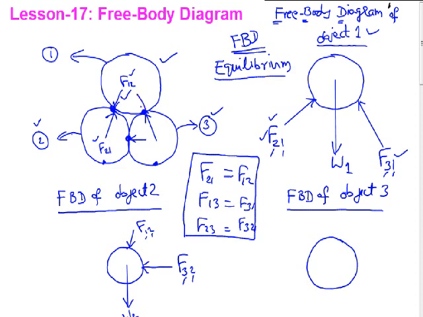This is one force which we call F13, to indicate the force exerted by body 1 on body 3, and this is another force F23. Let us quickly show it.